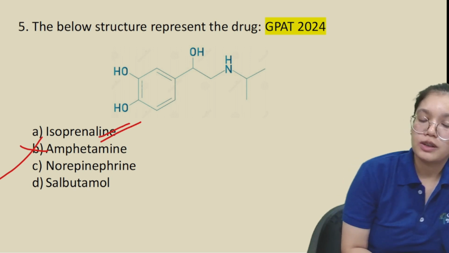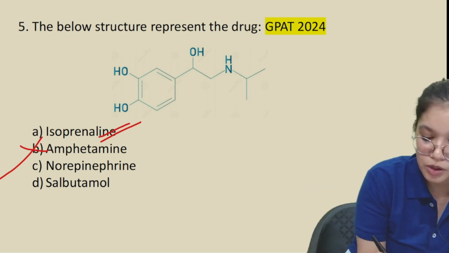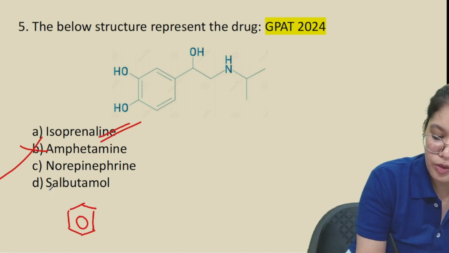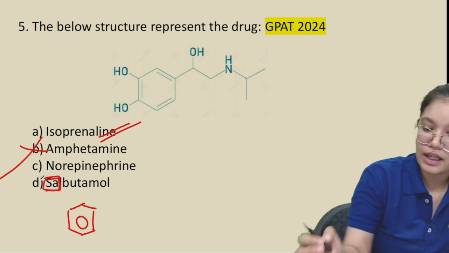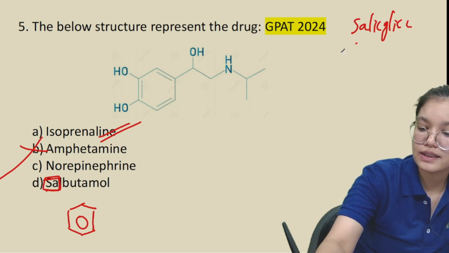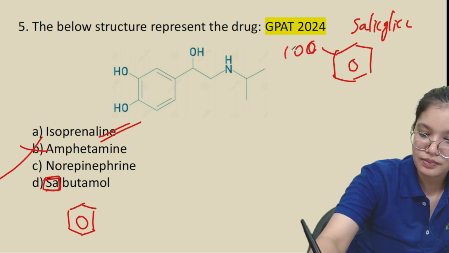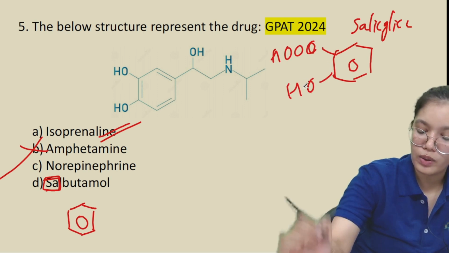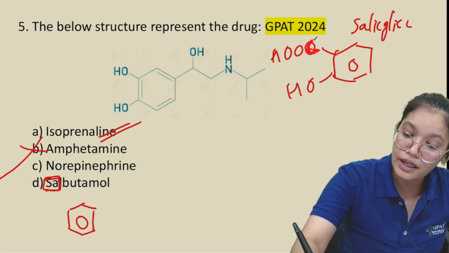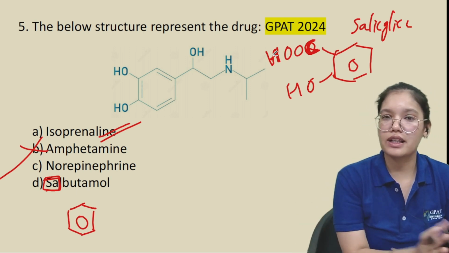Then we have salbutamol. If you know the structure of salbutamol, it has a phenyl ring. From the sal, we can say it has a structure somewhat similar to salicylic acid. This is salicylic acid. Salbutamol doesn't contain salicylic acid, but it has a similar structure.